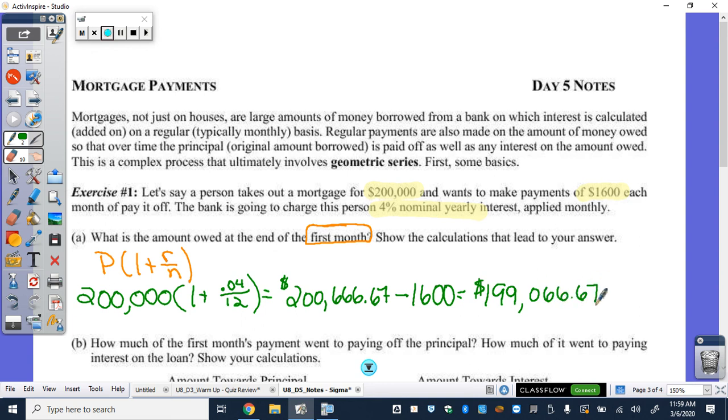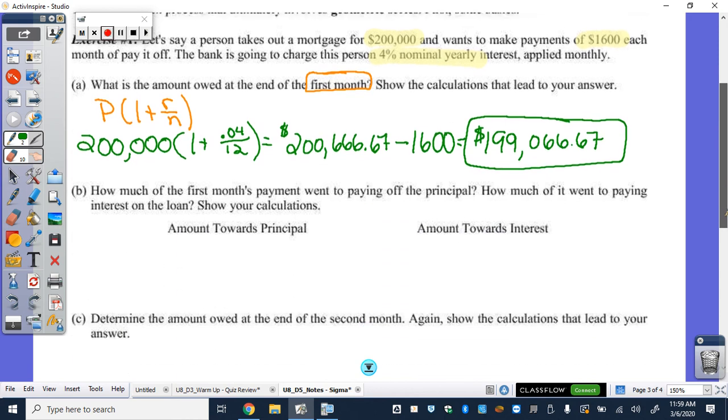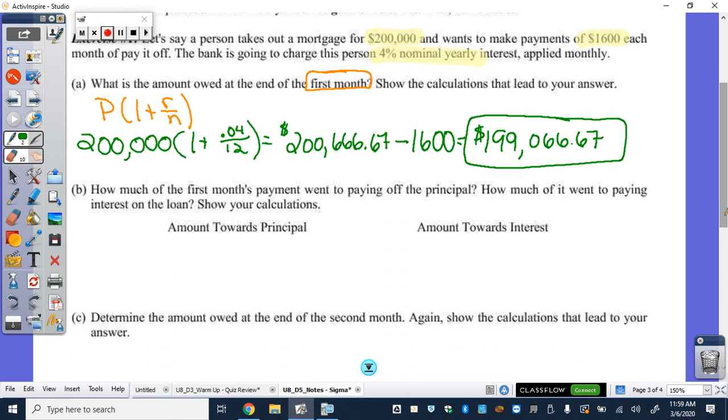So after 1 month, they still owe that much money. $199,066.67. So now let's take a look. Of that $1,600 monthly payment that we made, let's figure how much of it came off of the principal, which, remember again, is the amount of money they initially borrowed.